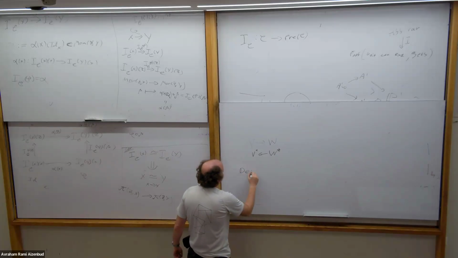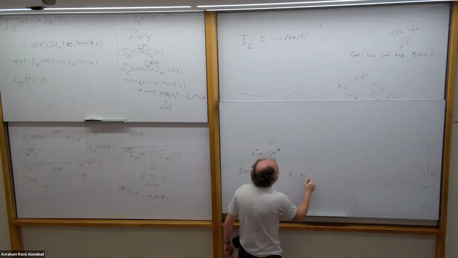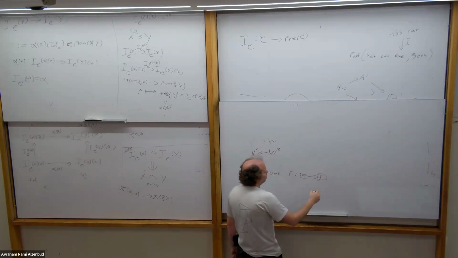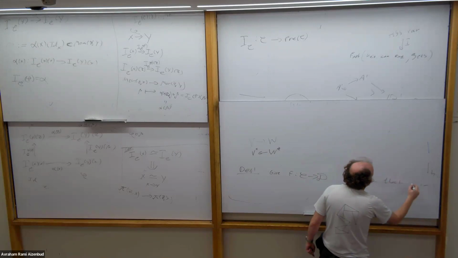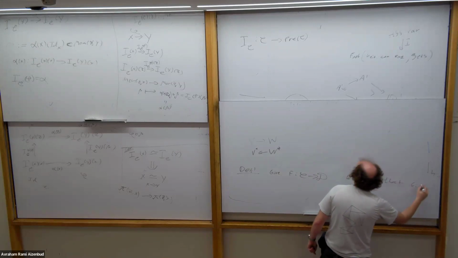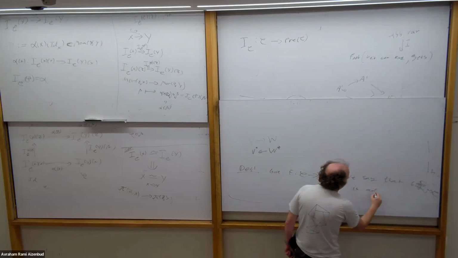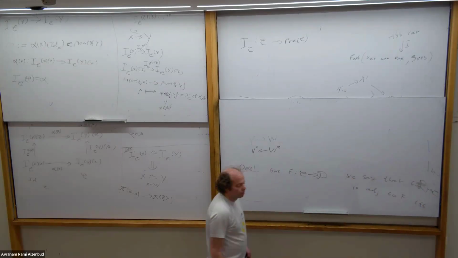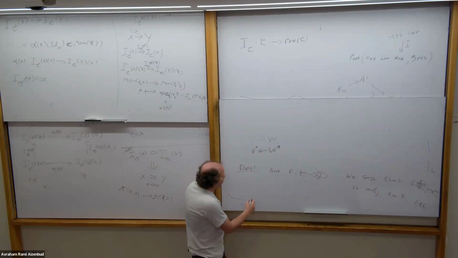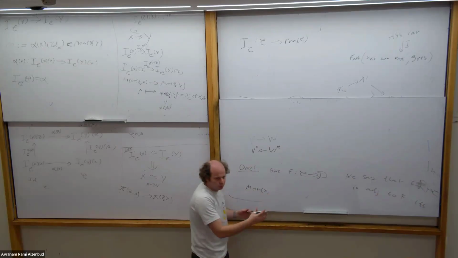So definition one: given F from C to D, we say that G from D to C is adjoint, sure, if... So now what I want to write, I want to write it more the way you do it in linear algebra.